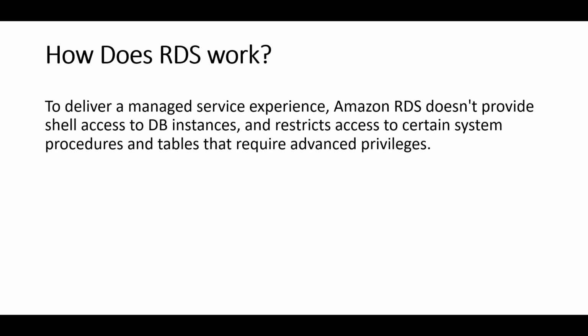You only get an endpoint from where you can connect to the database directly, but you do not have any access at the host level. Due to this, there are many system privileges and many tables where you do not have access. But being a DBA, you need access to perform those operations.